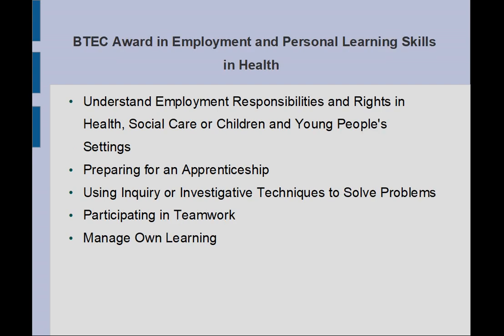The next component is the BTEC Award in employment and personal learning skills. This usually has 5 units in it. You have employment rights and responsibilities. This unit discusses a little bit about employment legislation and employment rights.